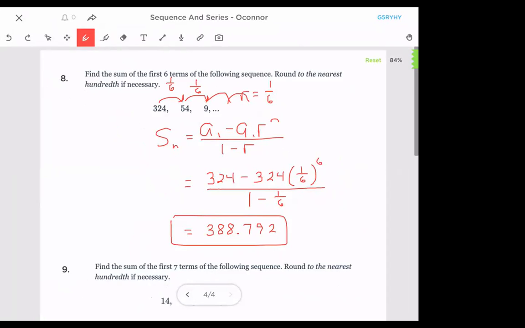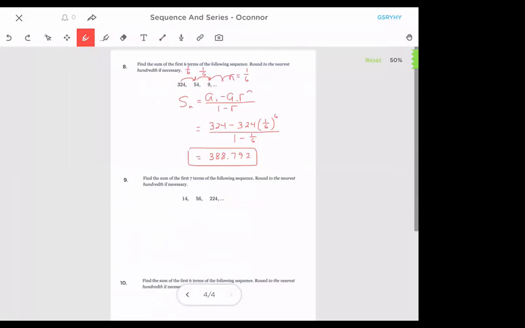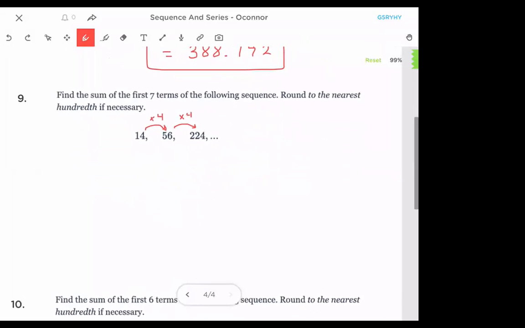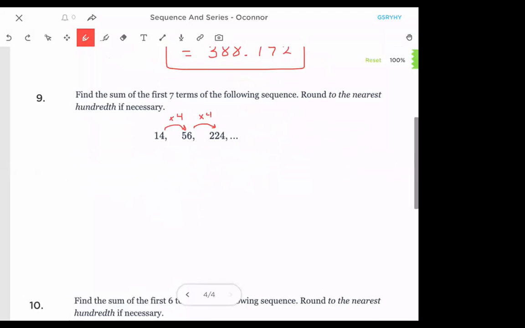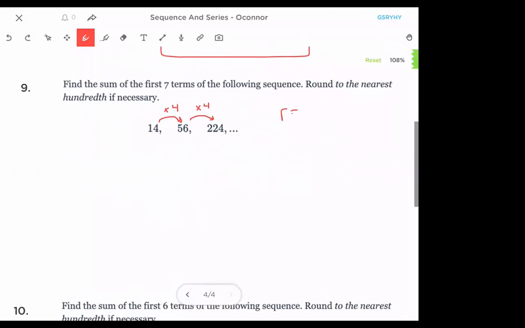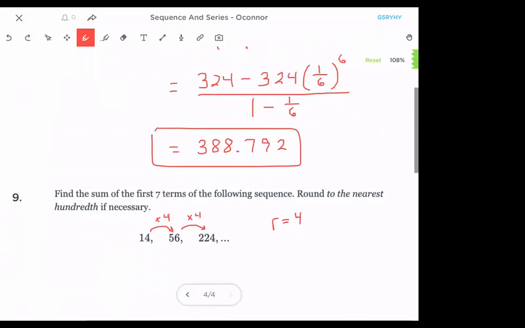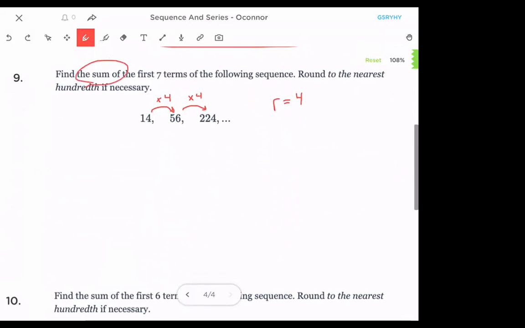All right, how about if you guys try problem number 9, please? All right, so this one is also geometric because it is times 4 and times 4, meaning our r value is equal to 4. And so using the same formula that I used above here for a geometric series, I know it's a series because I'm finding the sum.